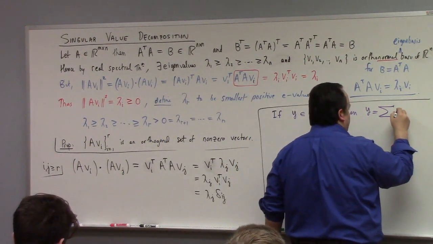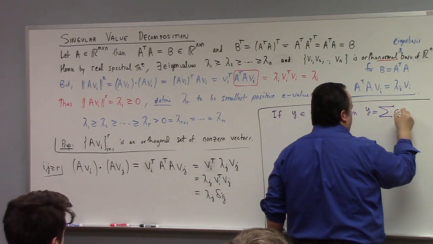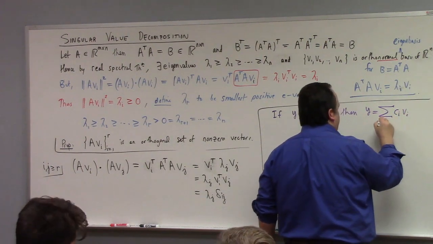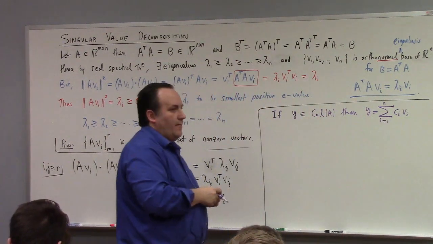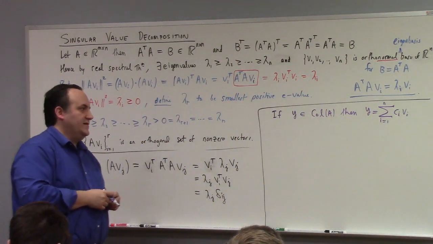Why is it the case that y is equal to the sum of c i v i? Can you guys tell me why that is?